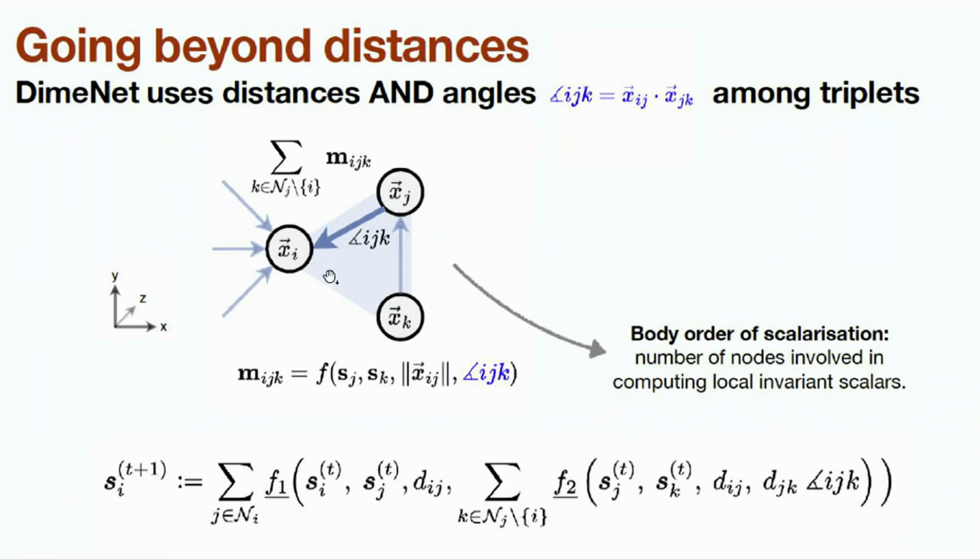For all triplets of points, we take their pairwise distance, but at the same time also look at the additional angle information among the current point, the point that we look for distances, and the third point that connects to the second point. So this is, again, an invariant scalarization.